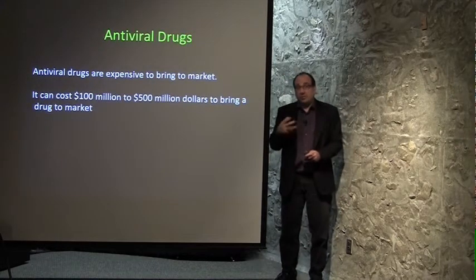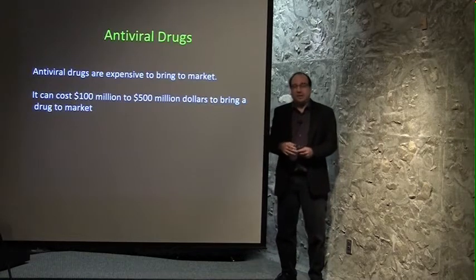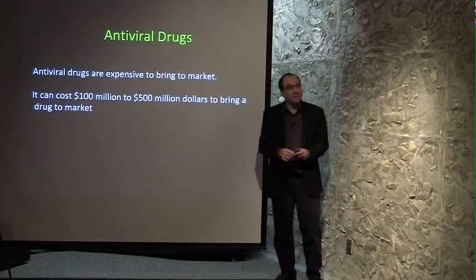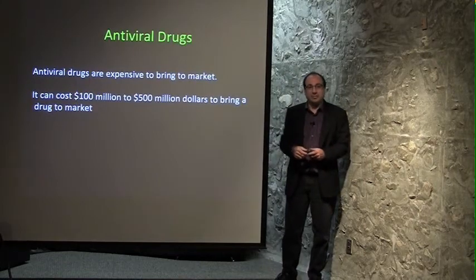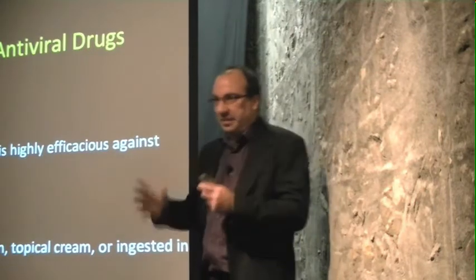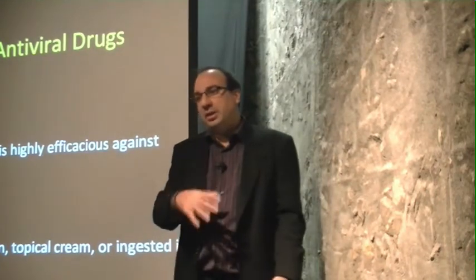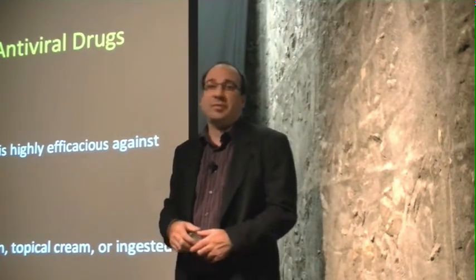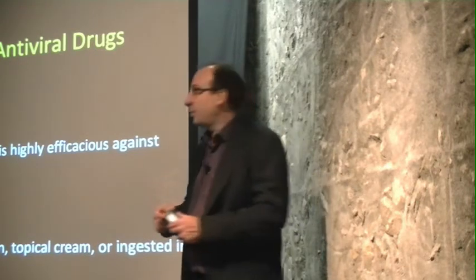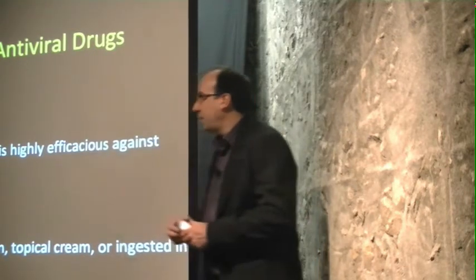Another challenge associated with creating these antiviral drugs is simply the cost. It can cost anywhere from $100 to $500 million to bring a single antiviral drug to market. One of the few success stories through the 1960s and 1970s, when there were these large screening programs by pharmaceutical companies to identify new antiviral compounds, was a drug called acyclovir.